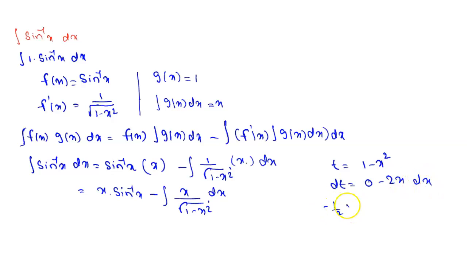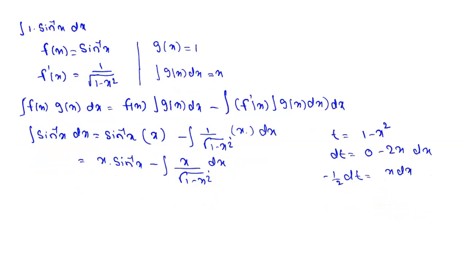So minus 1 by 2 dt is equal to x dx. So here I can replace: equal to x into sin inverse x minus 1 by 2, right? Here minus is there, so this minus will become plus, integral dt by, 1 minus x square I have taken as t, no? So 1 by root t, right?